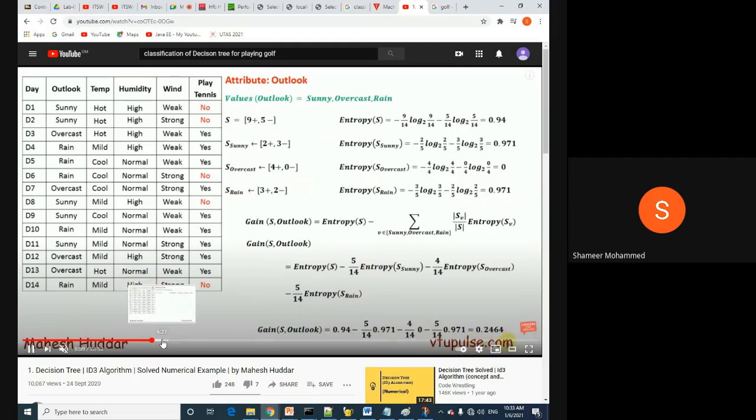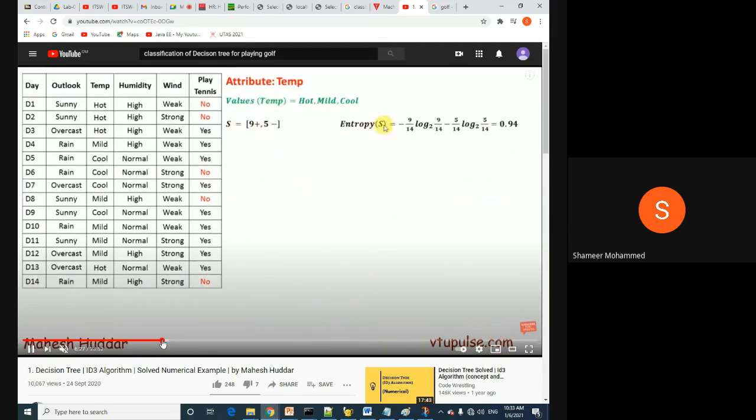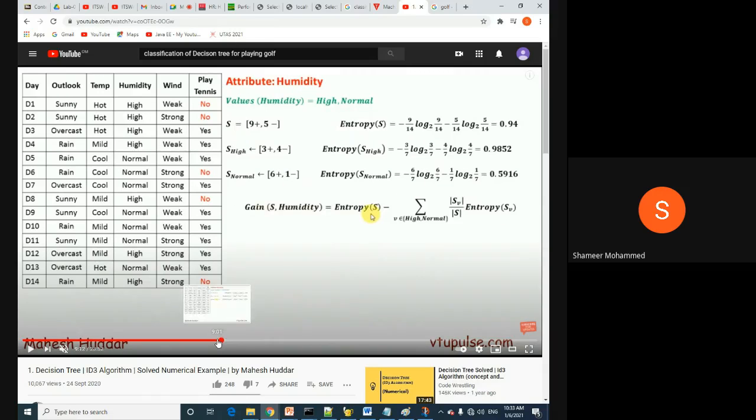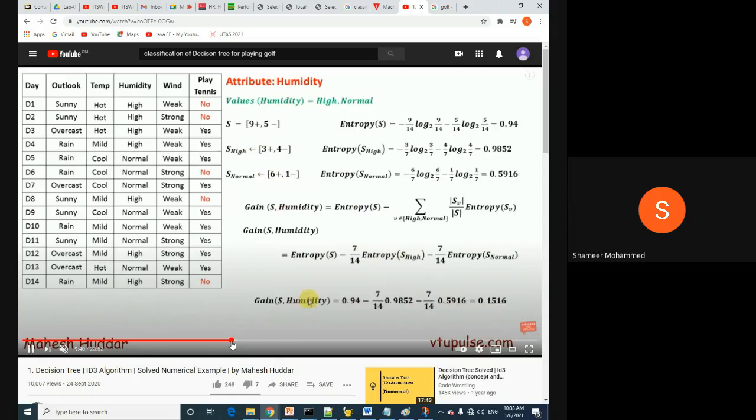Similarly, you will try for temperature, humidity and wind. I am just showing you to make you understand. Next is temperature, same process. You calculate how much is the value for hot, mild and cold, then the total gain, which is 0.1516.